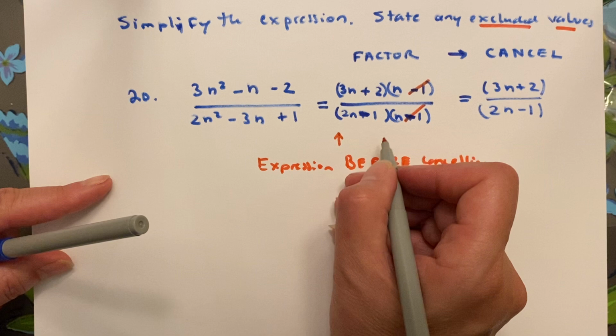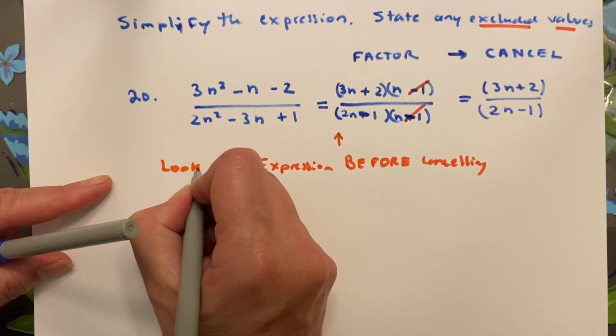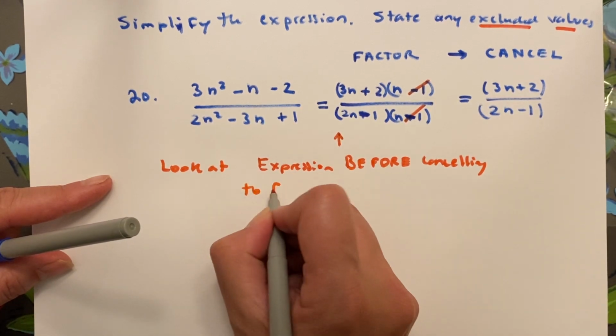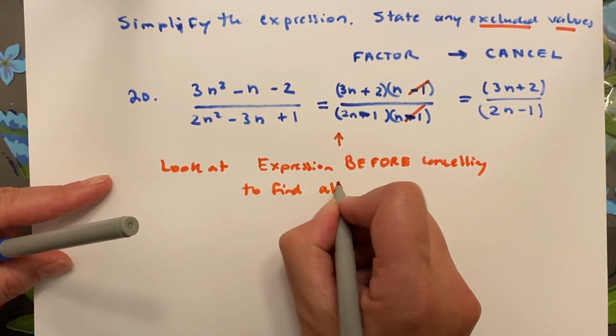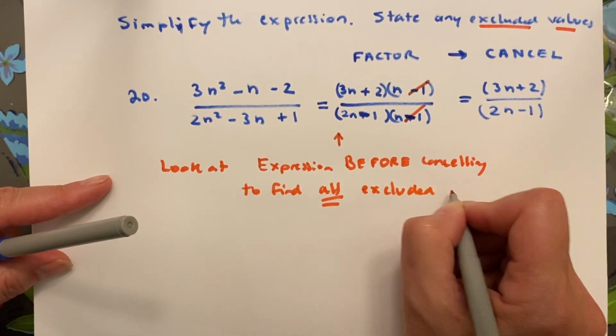So you have to look at the expression before canceling to find all excluded values.